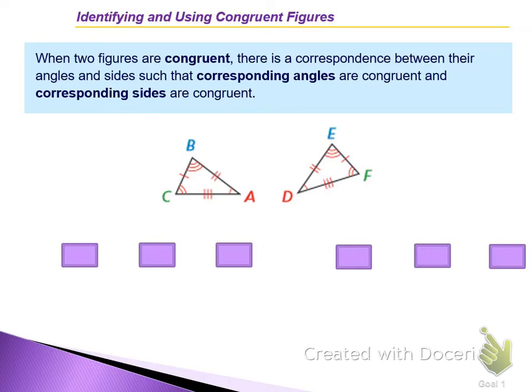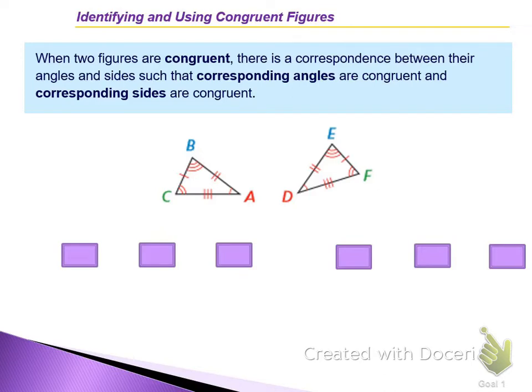When two figures are congruent, there is a correspondence between their angles and sides. I'm sorry if one of the blanks is not big enough for the word corresponding. It happens.